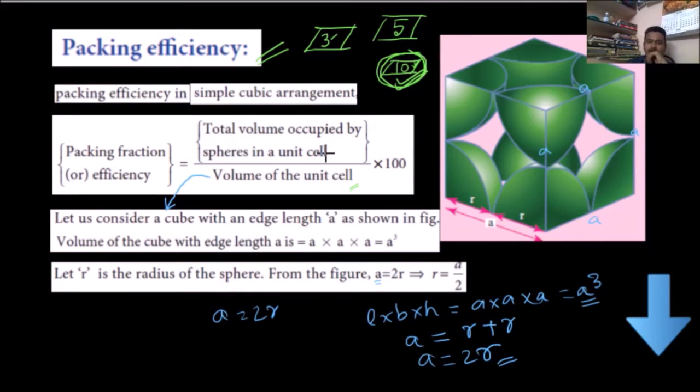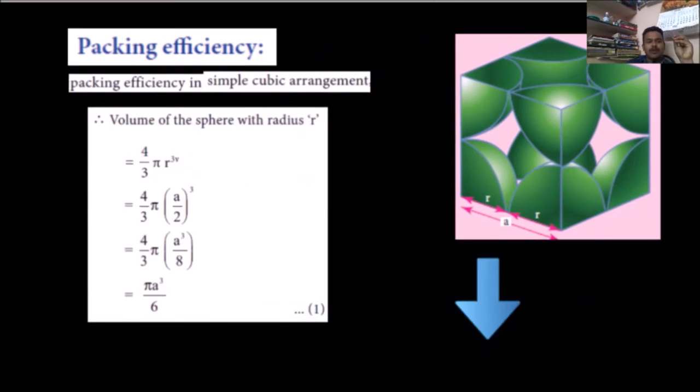Here our unit cell is the simple cubic cell. Now I have to find out the volume occupied by the spheres in a simple cubic arrangement. In any arrangement, the sphere's volume is the same. So first of all, the volume of the sphere with radius R. The volume of the sphere, here this may be an atom.